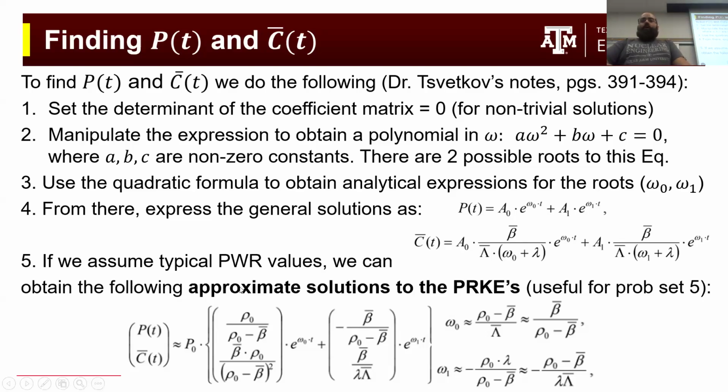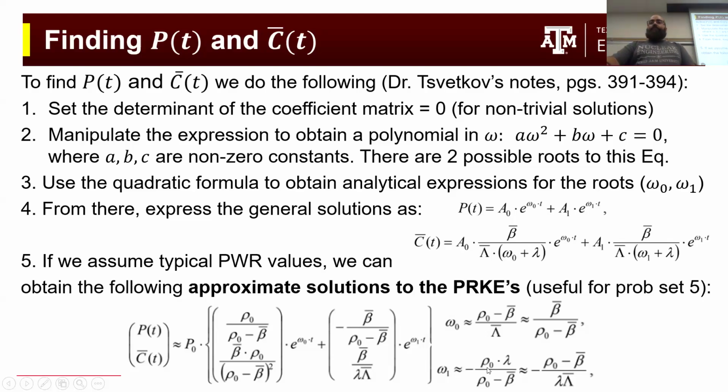And so these are the approximate solutions to the point reactor kinetics equations that basically only depend on the reactivity insertion, the effective delayed neutron fraction, the effective decay constant, and big lambda. For different kinds of reactors, in Dr. Spedkov's notes, there are tables of values for some of these parameters.